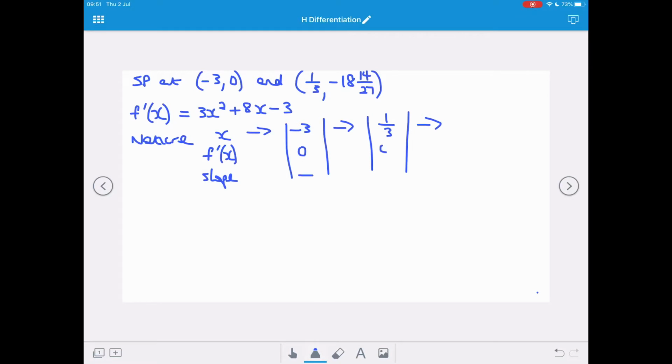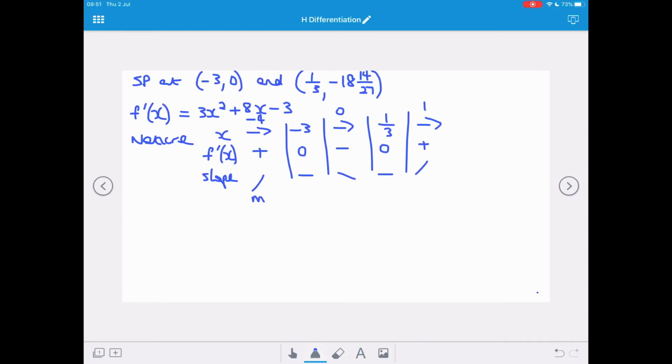So we know we've got stationary points at negative 3 and a third. If we consider negative 4, then our derivative is going to have a positive value, so the slope is going to go up. If we consider 0, we're going to have a negative value, so our slope is going to go down. And if we consider the value of 1, then our slope is going to go up.